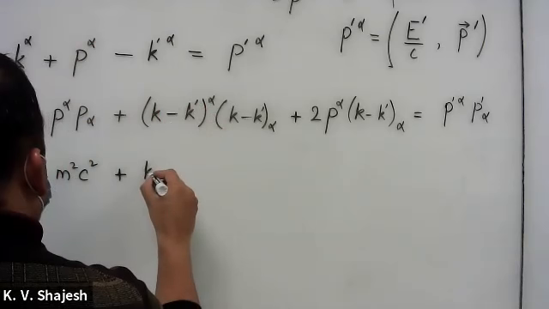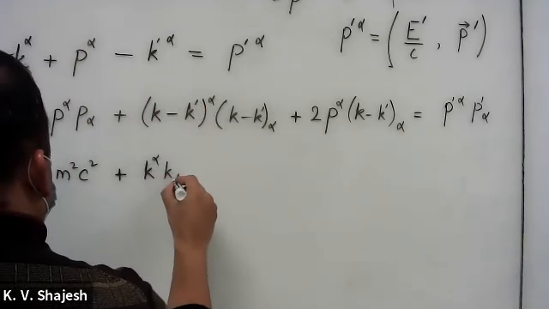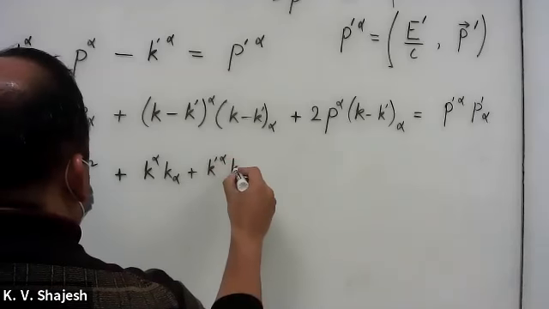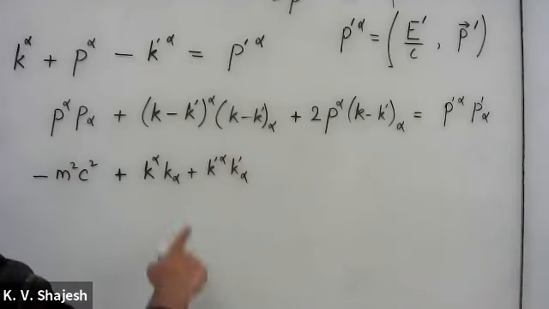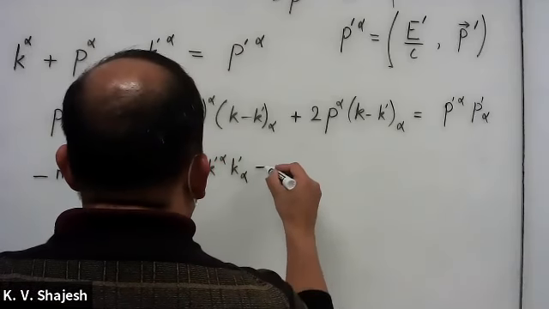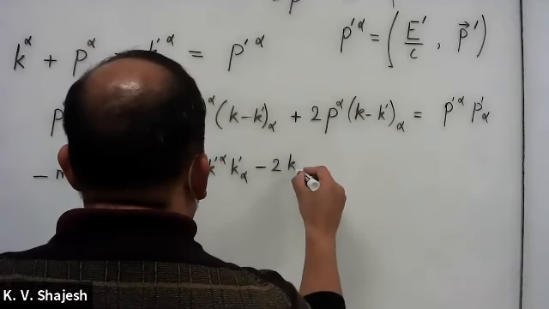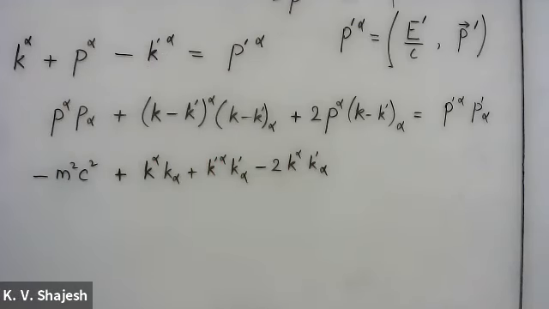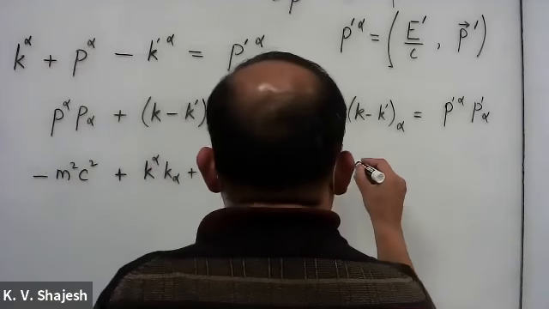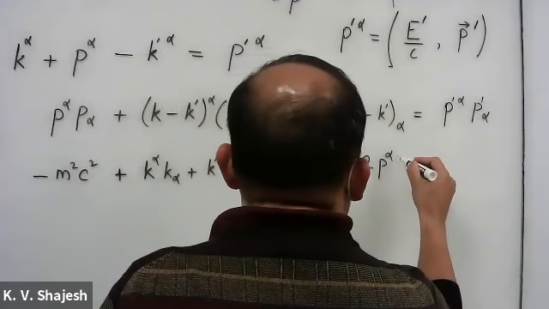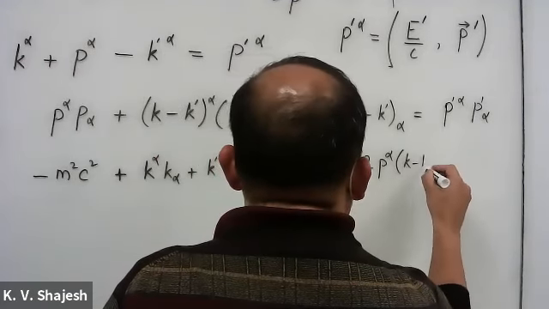So I say K alpha plus K prime alpha, and there is a cross term in there, which is minus 2 K alpha, K prime alpha. And we have 2 times P alpha, K minus K prime.